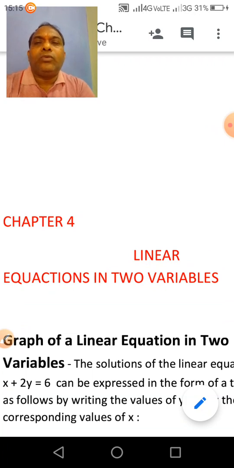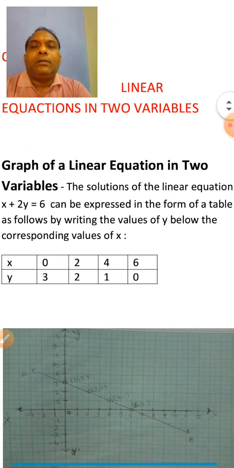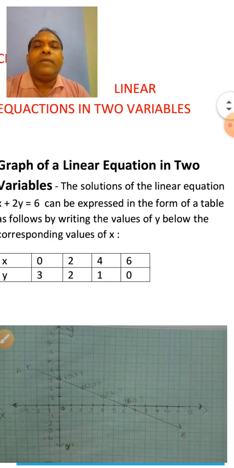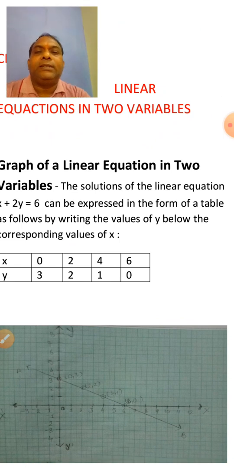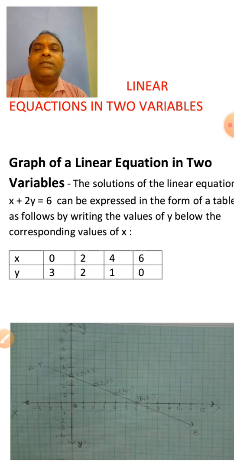Now in chapter 4, linear equations in two variables, we are going to learn about the graph of a linear equation in two variables. The solution of the linear equation x plus 2y is equal to 6.